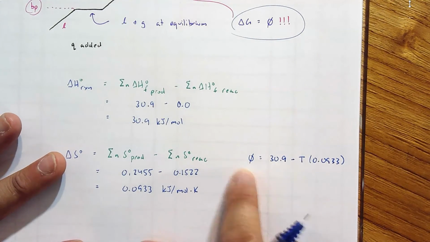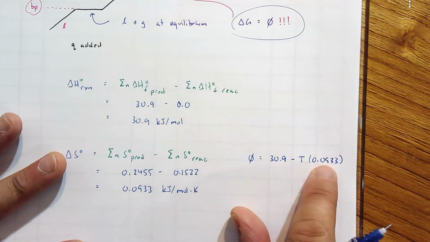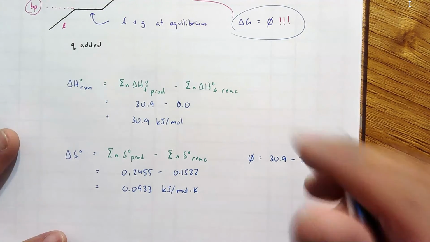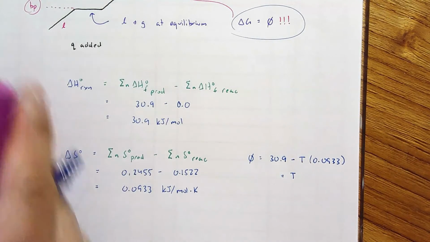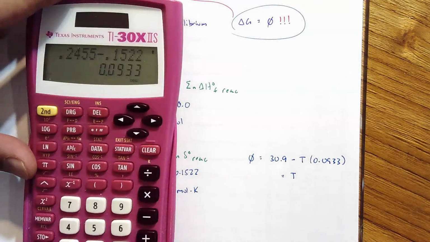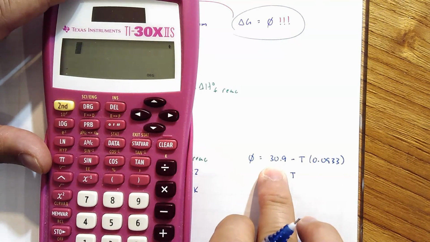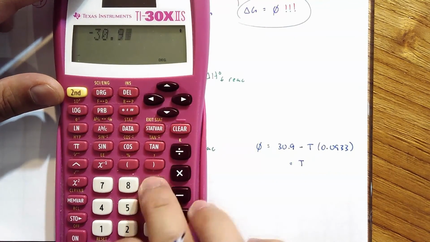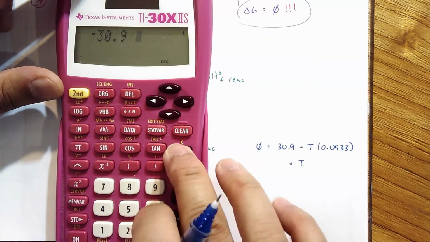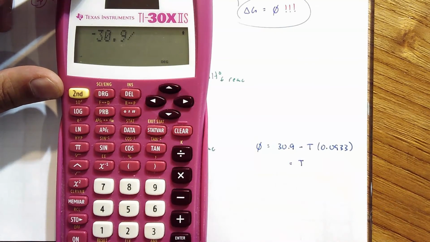We could bring this over to the other side, so that's negative 30.9 divided by negative 0.0933. So without recopying a lot of numbers, we can do this all on the calculator. So it's actually negative 30.9 divided by the negative of this value here, negative 0.0933.